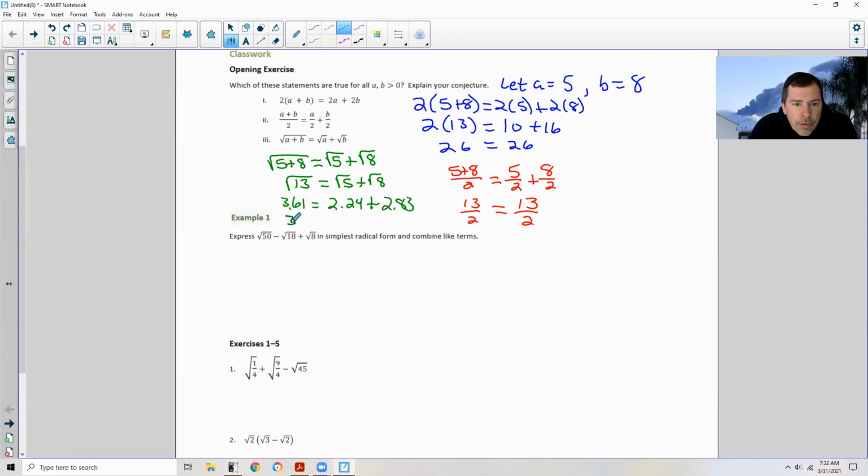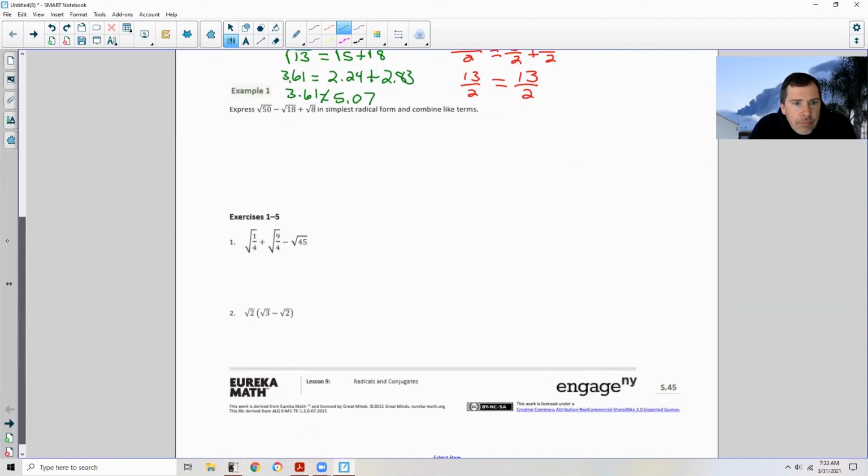Well, when I add those, I get 5.07. So 3.61 definitely does not equal 5.07. So we can't split up radicals whenever we're adding the radicand, which is what the number underneath the radical is called. Okay, so there's the opening exercise.